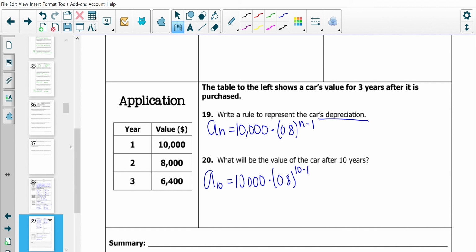We are finding money, so you need to round it to 2 decimals. Good job, Bo. You get $1,342.18.